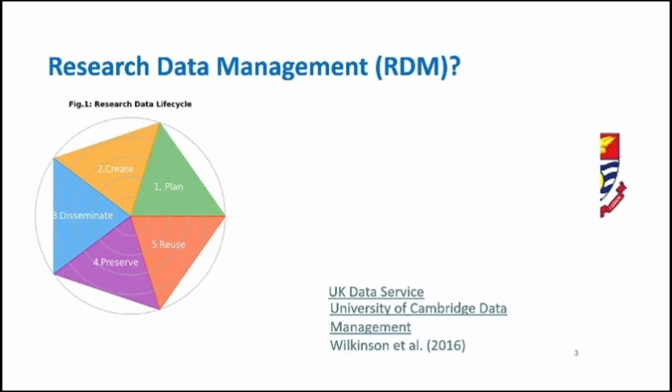I will start my main issues by drawing our attention to Figure 1. Figure 1 shows the research data life cycle, which spans 5 main phases. The first 3 phases have to do with planning, creation, or the data generation process, that is phase 2. The third phase has to do with data dissemination.